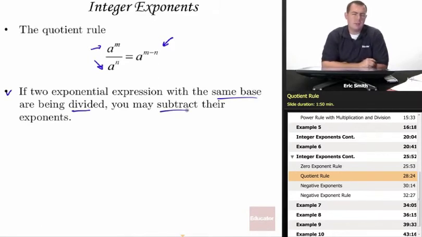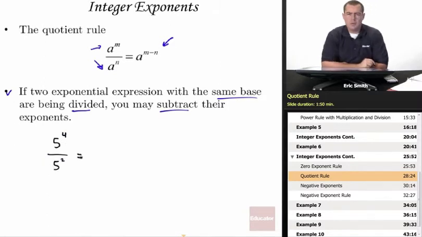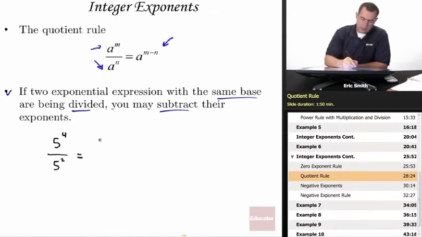Let's look at a quick example to see why this might work. Let's look at 5 to the 4th power all over 5 squared. So suppose I knew nothing about the quotient rule. One way that I could just end up dealing with this is looking at it as repeated multiplication. I have 5 times 5 times 5 times 5.